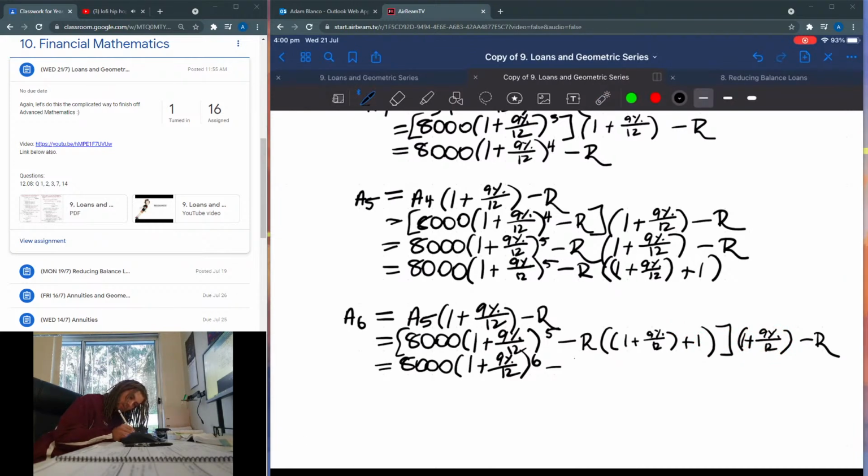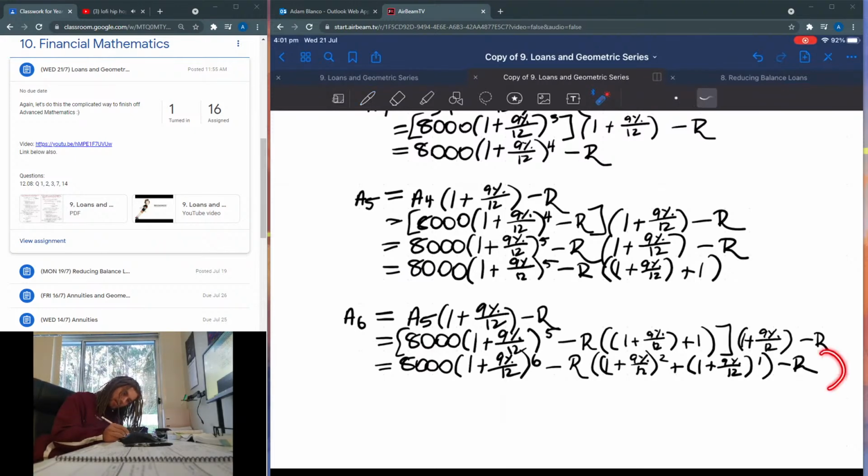Minus R, 1 plus 9% on 12, 2 plus 1 plus 9% on 12, 1. Yep, minus R. Now that minus R is going to become a plus 1 when I factorize it out.